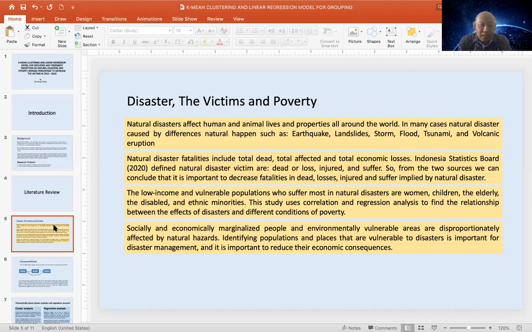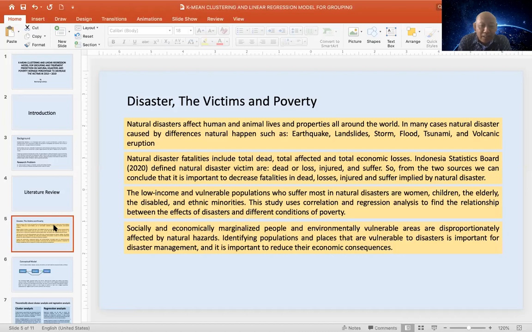The low income and vulnerable populations who suffer most in natural disasters are women, children, the elderly, the disabled, and ethnic minorities. The study uses correlation and regression analysis to find the relationship between the effect of disasters and different conditions of poverty.